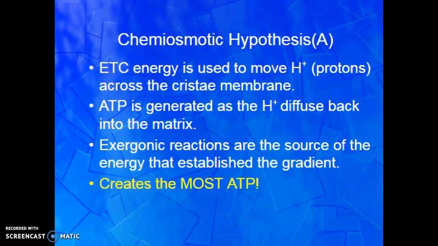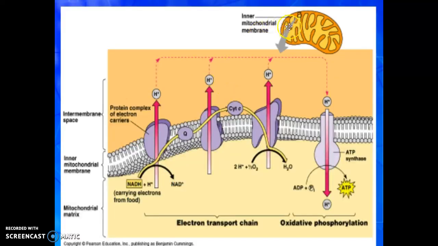The chemiosmotic hypothesis you've seen before, but we definitely didn't have the tools to understand it until now. Essentially, in the electron transport chain, energy is used to pump hydrogens across the cristae membrane, that internal membrane. Let me skip to this picture. Remember, this is what we're talking about when we say cristae.